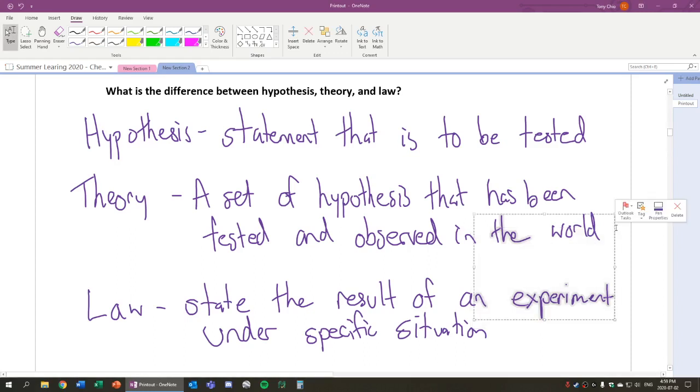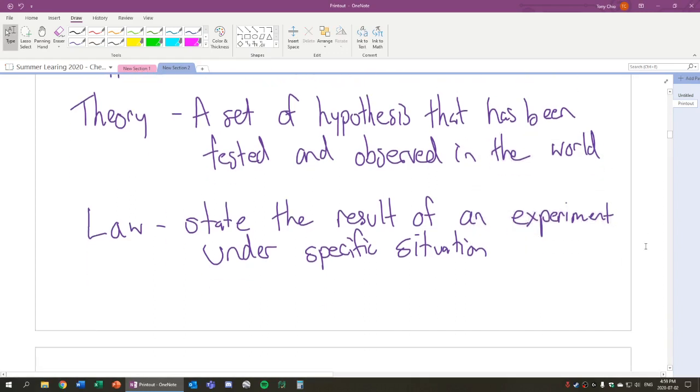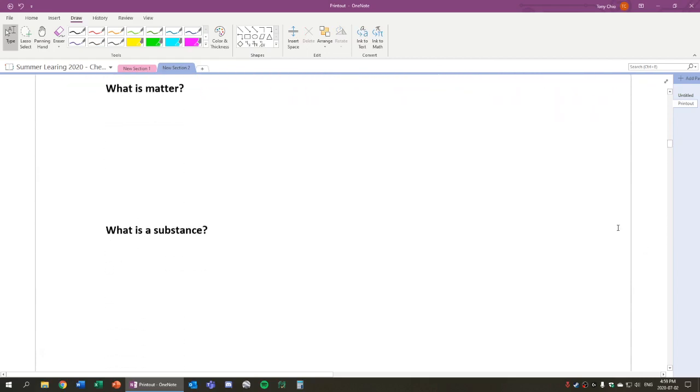What we're going to move on to now is we're going to talk about matter. How do we classify matter? It's very important that we know what it is, because matter is anything with mass and volume. If something has mass and it takes up some space, it will be considered matter.